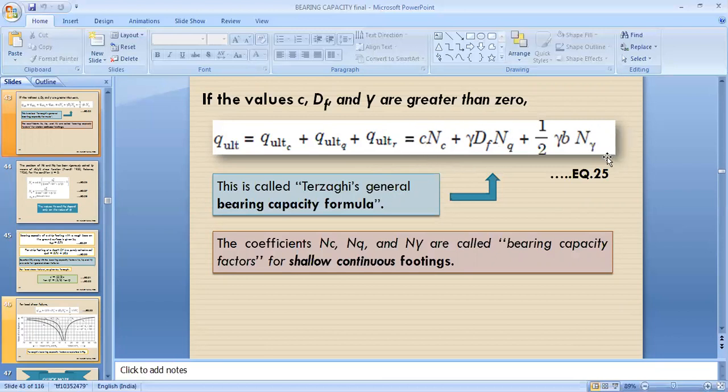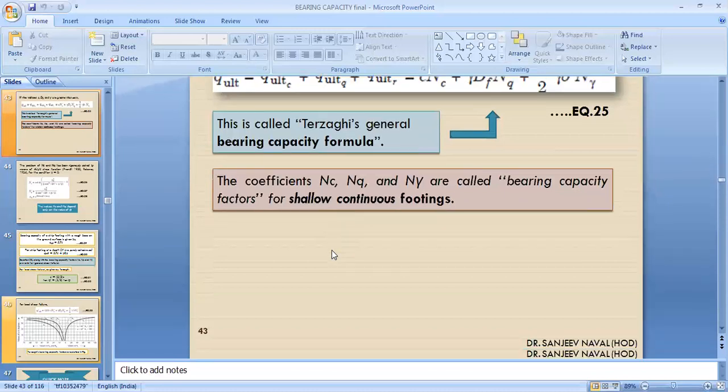This is known as Terzaghi's general bearing capacity equation, which is based on the concept that your foundation is a strip footing and the failure is general shear failure. The coefficients Nc, Nq, N gamma are called the bearing capacity factors for shallow continuous footings.